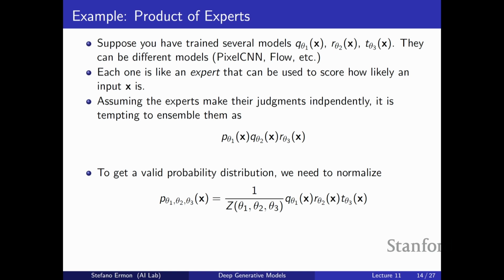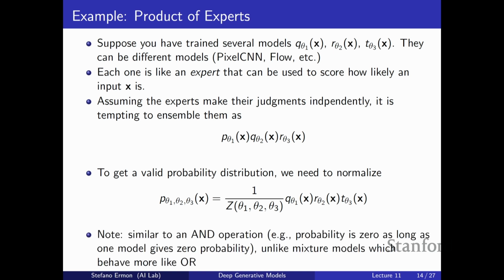Intuitively, this way of ensembling behaves like an AND operator: as long as one of the models assigns 0 probability, the product evaluates to 0, and this ensemble model will assign 0 probability.